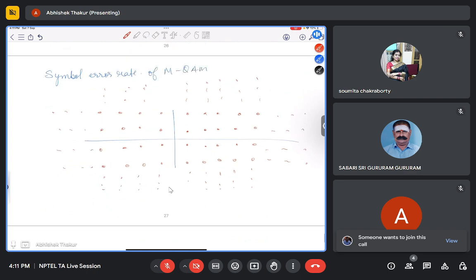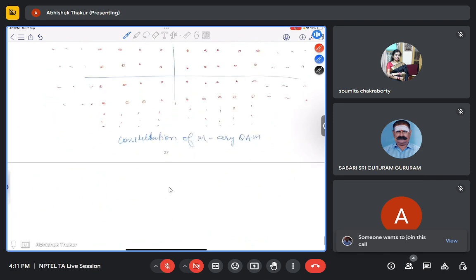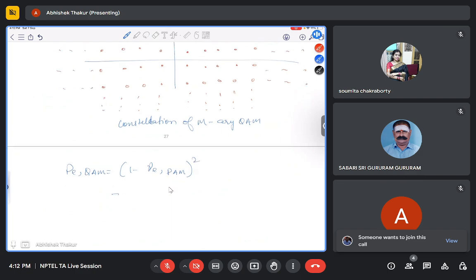So this is a constellation diagram of M-array QAM. The probability of error of QAM is equal to 1 minus the probability of correct decision of PAM, squared. The same way we found the probability of error of QPSK from BPSK, we will apply here.